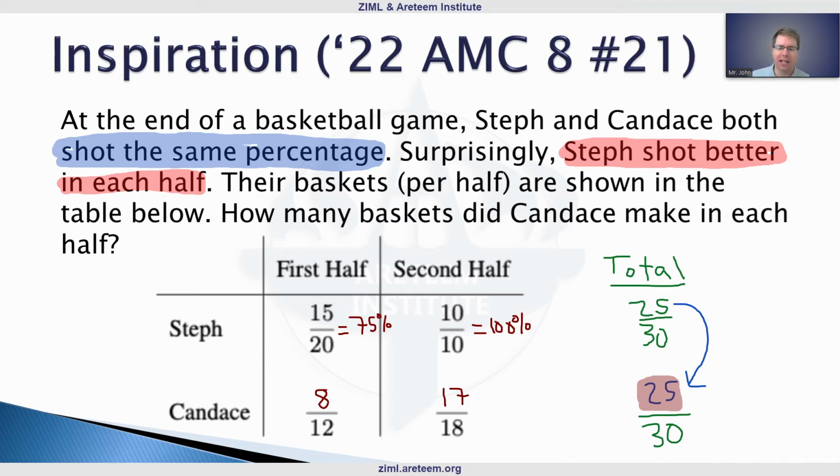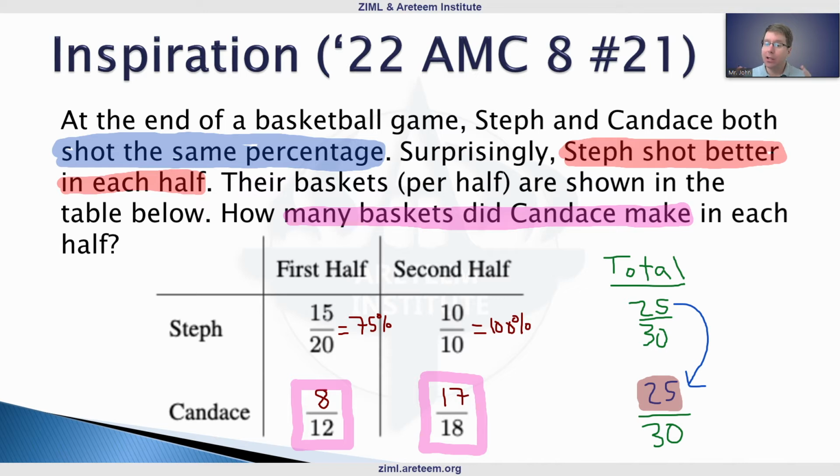So just by trying the largest possible numbers, we came up with exactly what Candace had to shoot per half. So how many baskets did Candace make in each half? Well, she made 8 in the first half and 17 in the second half.